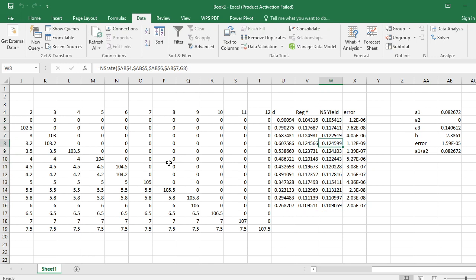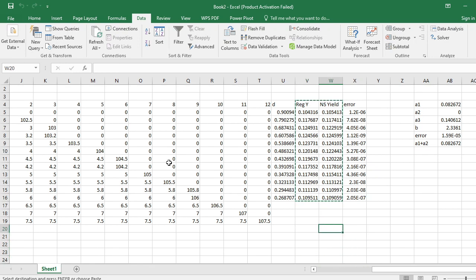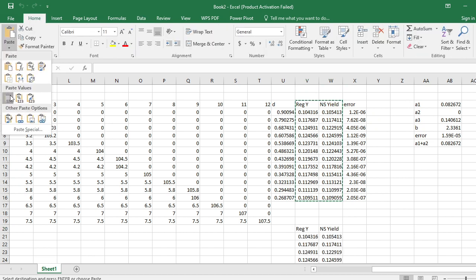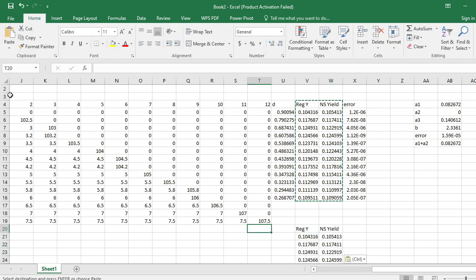If I want to see the graph, the fitting of the graph as per the yield curve, paste as per value, and maturity here.